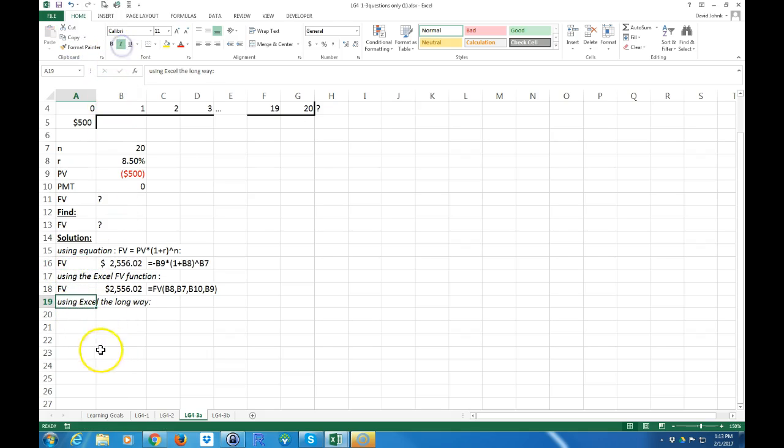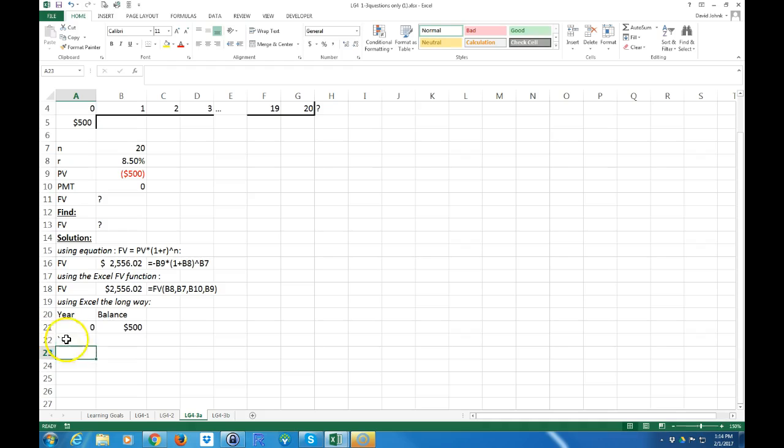I'll make it italic. Okay, so the long way I could say year and balance, and I'll go for year 0, and my balance in year 0 is equal to a negative this because I want to start out with a positive number.